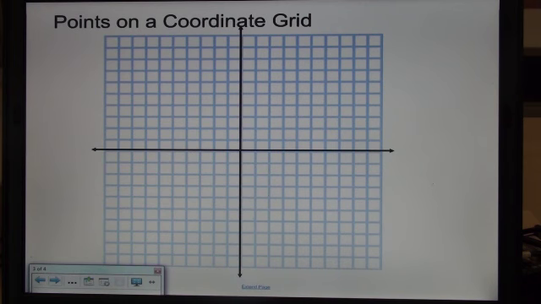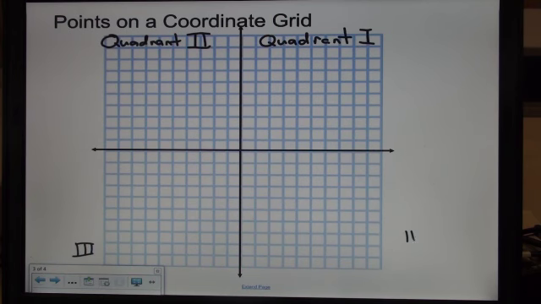Now, if I think about a coordinate system, or a coordinate grid, they are labeled. We have quadrant 1 right here, quadrant 2, and working our way around the circle, we would have quadrant 3 here and quadrant 4.